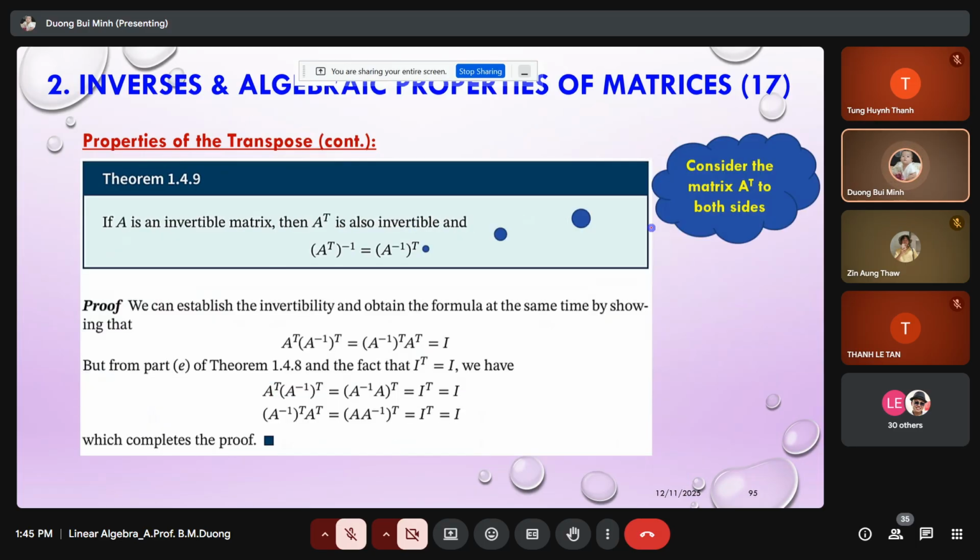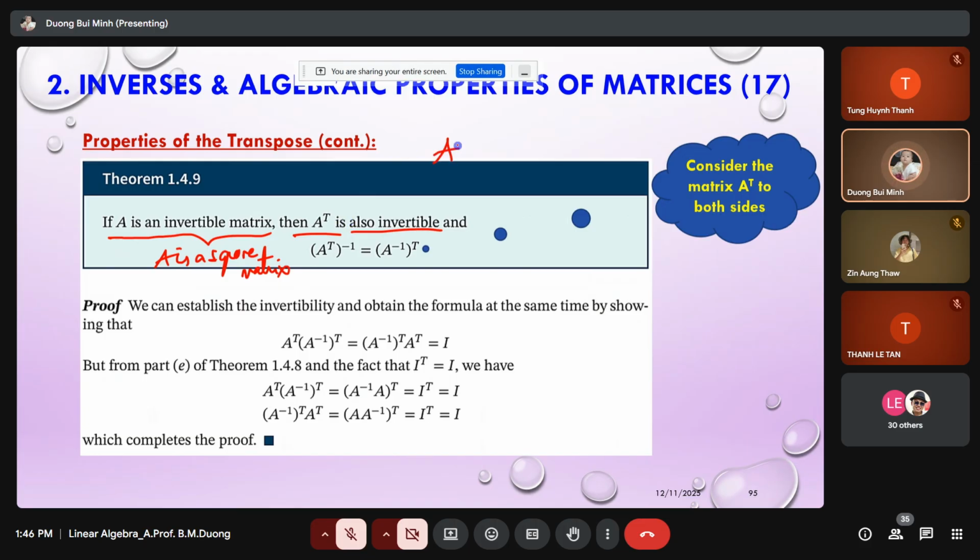Now, this is an interesting property. If A is an invertible matrix, that means A is a square matrix, of course. Then the transpose of A is also invertible.